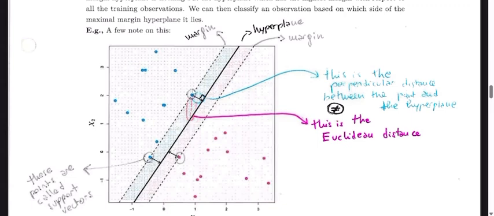And here, what I'm seeking is a perpendicular distance between the upper plane and the margin. We are not going to use Euclidean distance, because Euclidean distance is not robust and not generalizable.